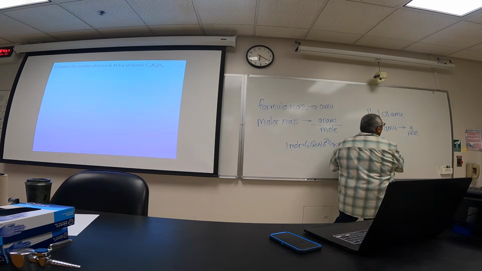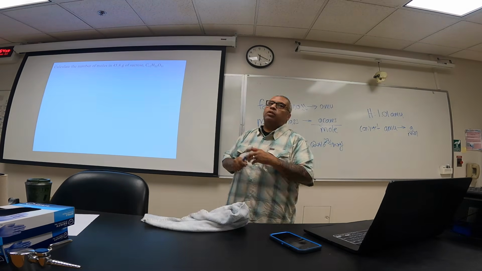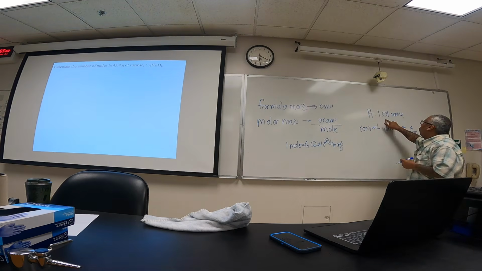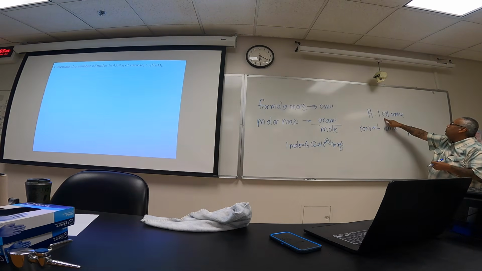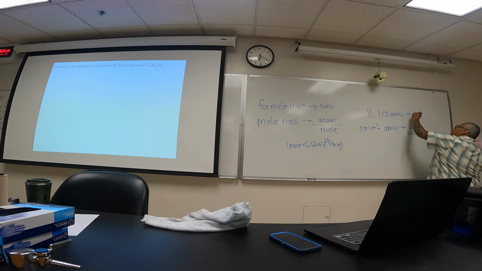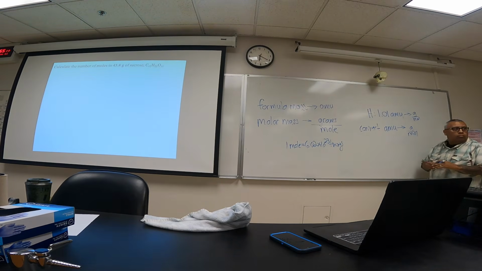But we need to learn how to convert now. So this is a conversion. 1.01 AMU, and we're going to convert this into grams per mole, right?